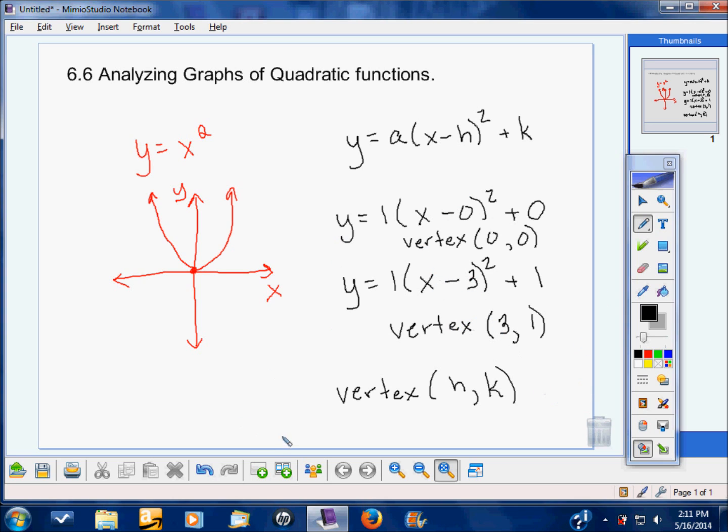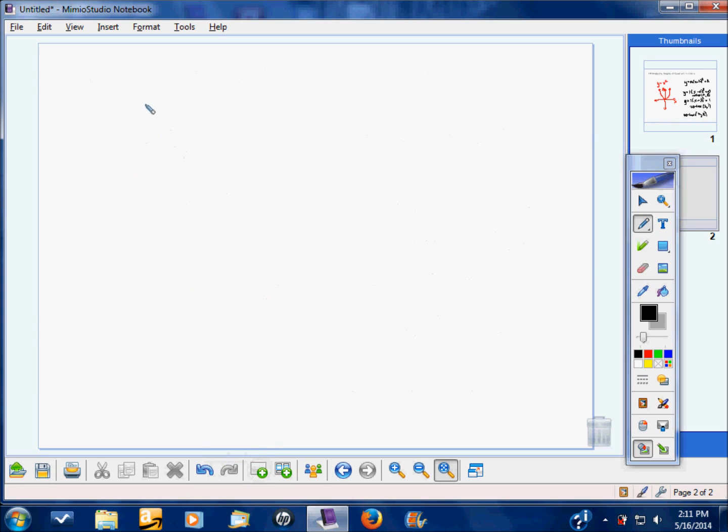Let me get you started with something just to give you an example. Let's try this one for a minute. I would like you to make a table of values here.